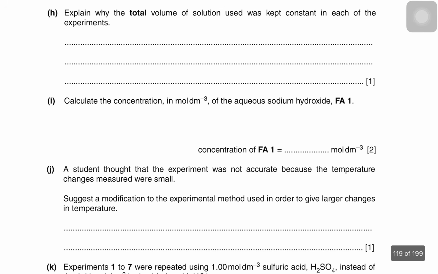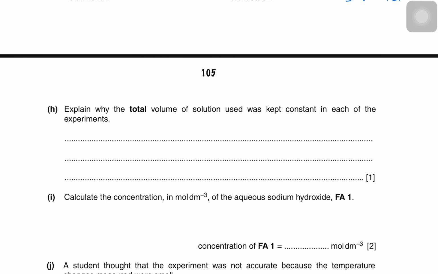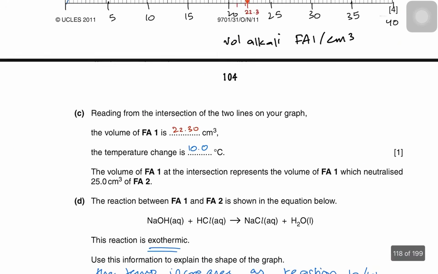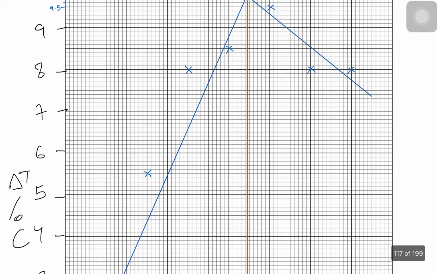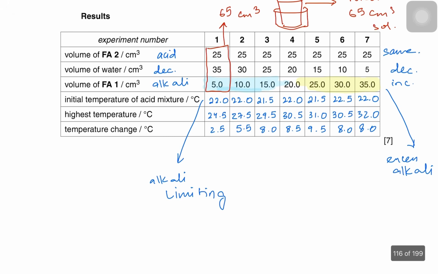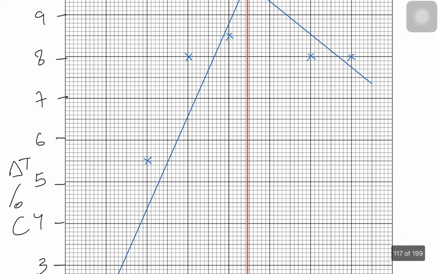Explain why the total volume of solution used was kept constant. You keep the volume constant so that whenever the change in temperature was recorded, you can see the change in temperature dependent on the heat. With different masses of water, with different volumes of water, the heat obtained by the water and the overall change in temperature would also be affected.